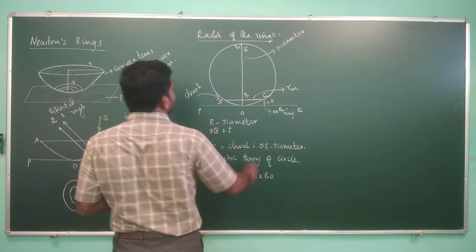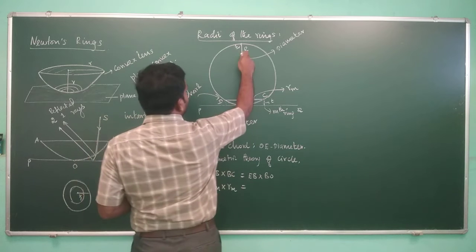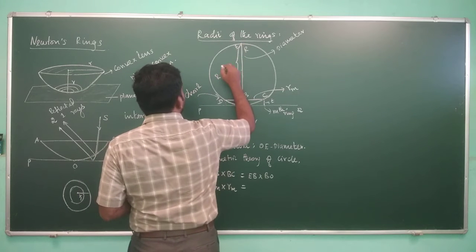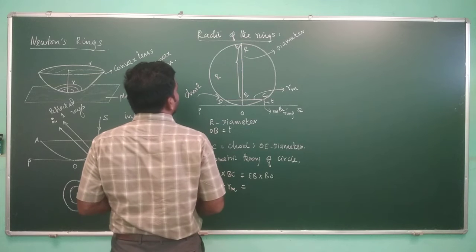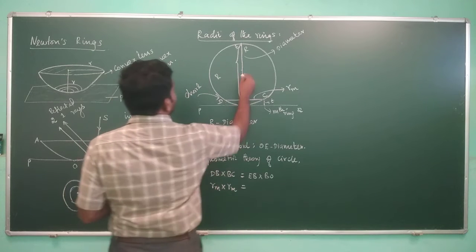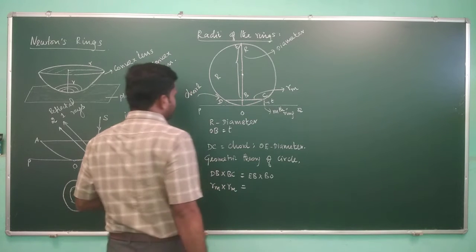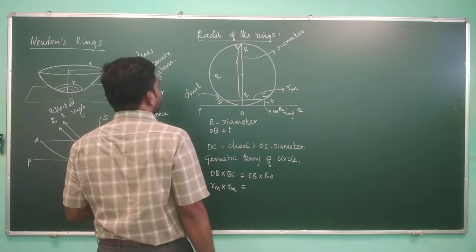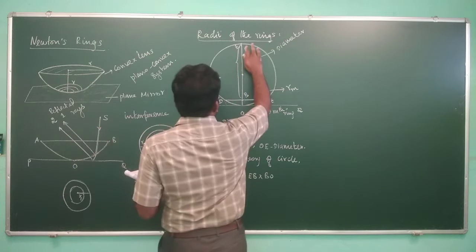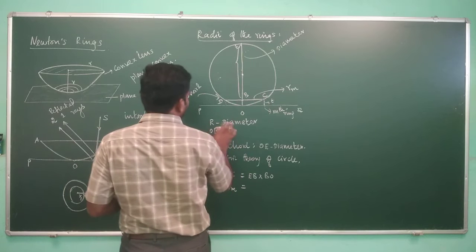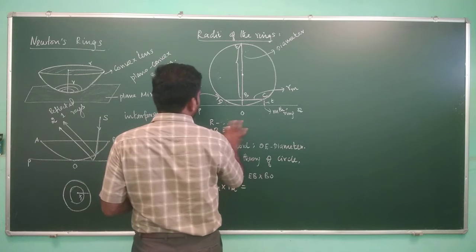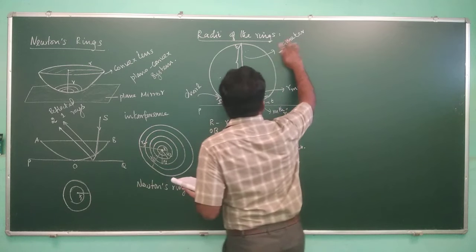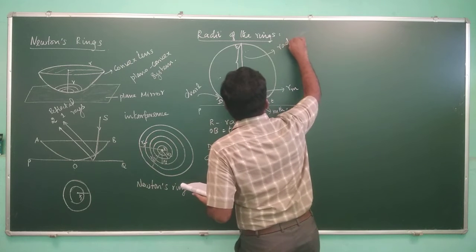What is EB? EO is nothing but R. Instead of R as the diameter, let us define this as the radius.